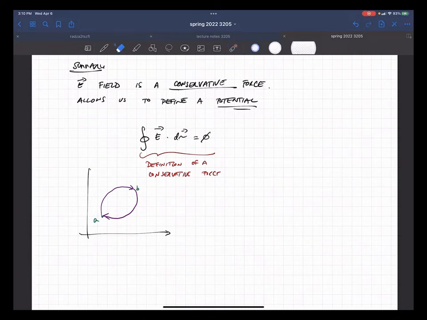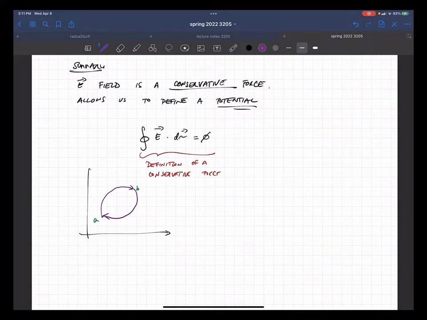Now, before I get too hand wavy, this is of course the electric field, which is not quite the force. The force is Q times the electric field, with Q being the charge that's moving around.